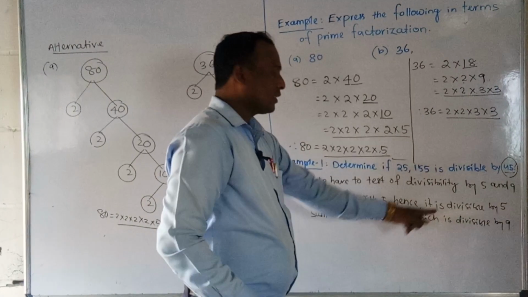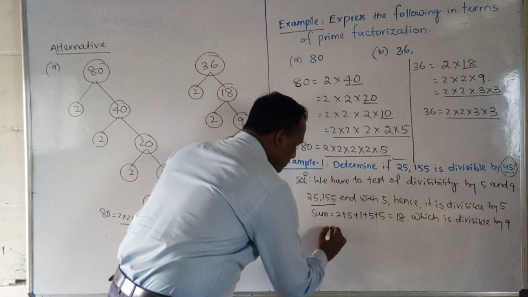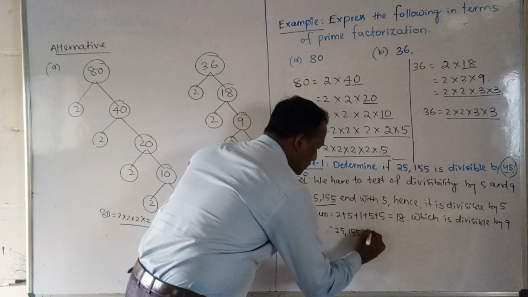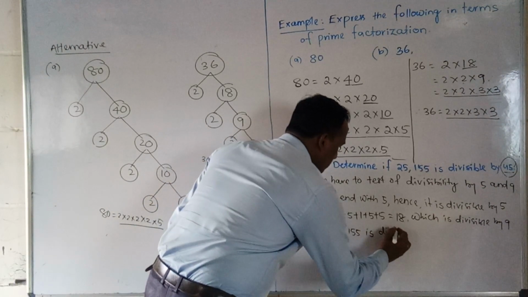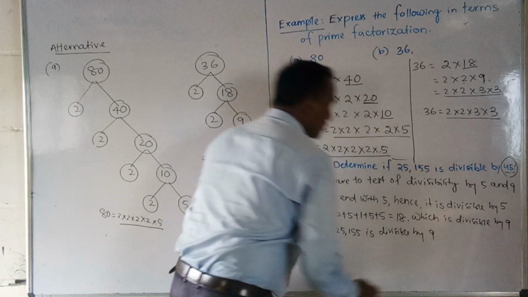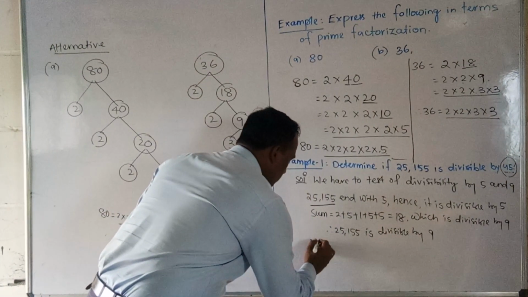So 18 is divisible by 9. Hence 25,155 is divisible by 9.